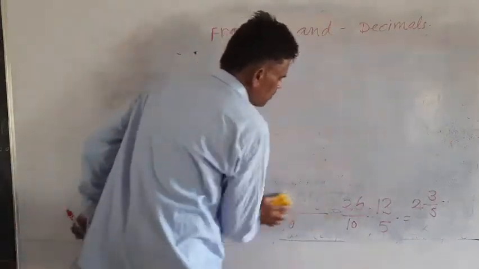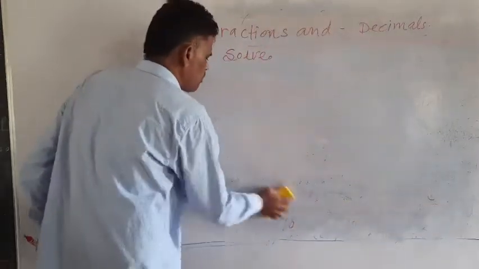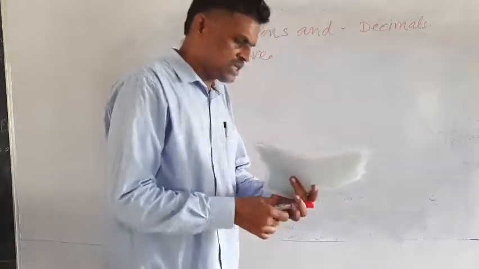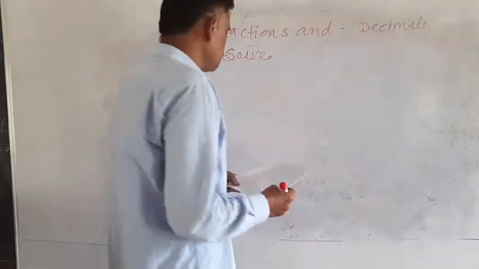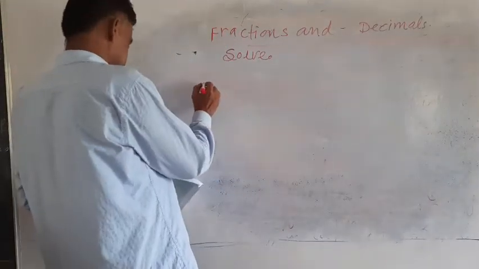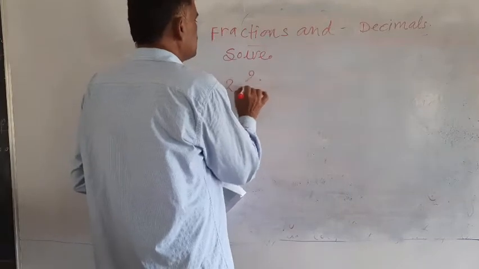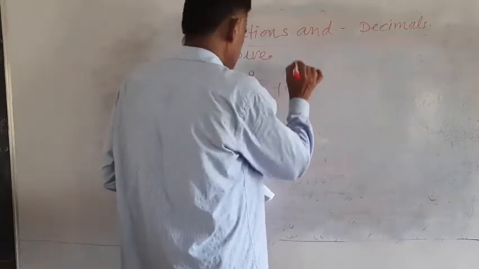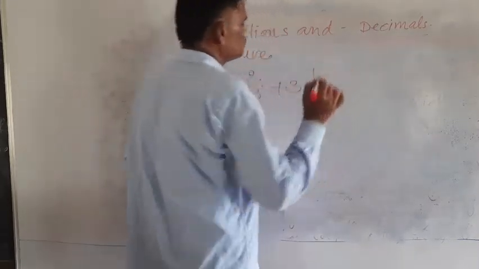What is mixed form? A combination of whole number and fractional form is called mixed form. Here, one example is 2 1/3 plus 3 1/2.